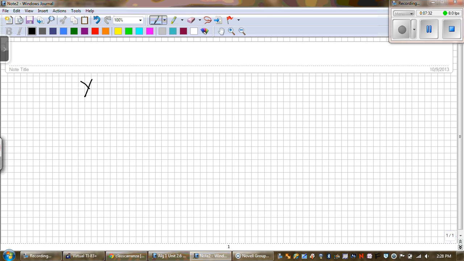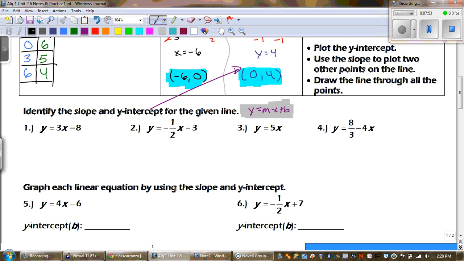So we got y equals 2/3x minus 8. And we're going to plug in a 0. Well, those cancel, and y equals -8. Okay? So our y-intercept is (0, -8).